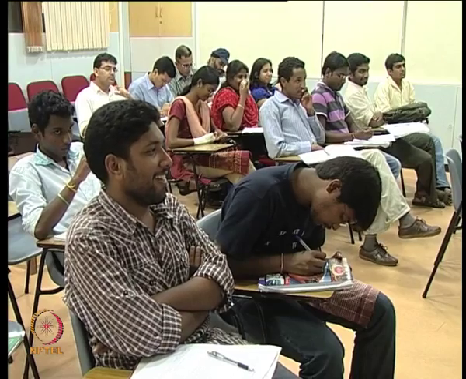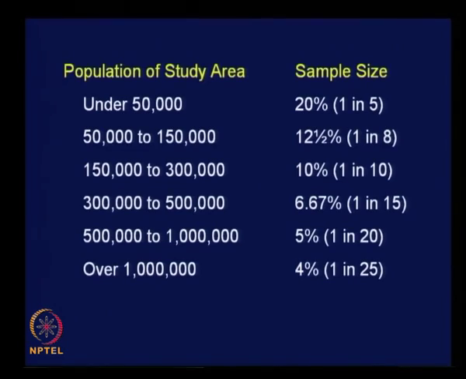Are you convinced? I am not trying to convince you, you should get convinced, right. That is how BPR has recommended this kind of sample size. Now the related question is this: shall we accept these sample sizes to be valid for our condition?